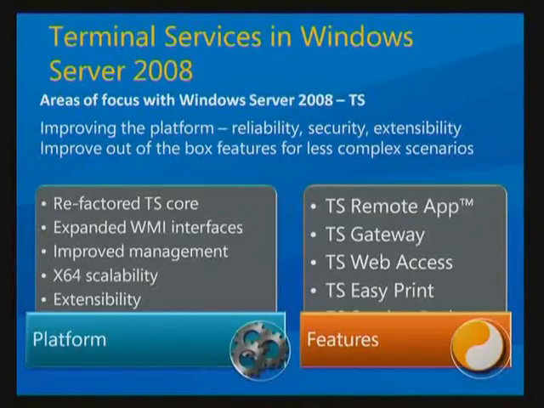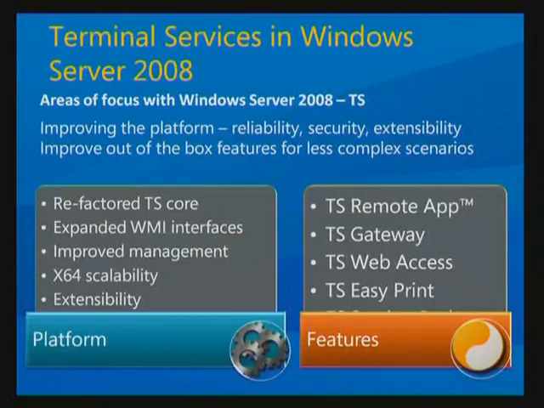We've got Terminal Services Remote App. This is our version of Seamless Windows, so the ability to deliver a single application and integrate it on the local desktop so it looks and feels like it's running locally. Gateway, which is a way of encapsulating RDP in HTTPS so you can route it easily across the internet. Our TS Web Access site, which makes it easy to launch applications.